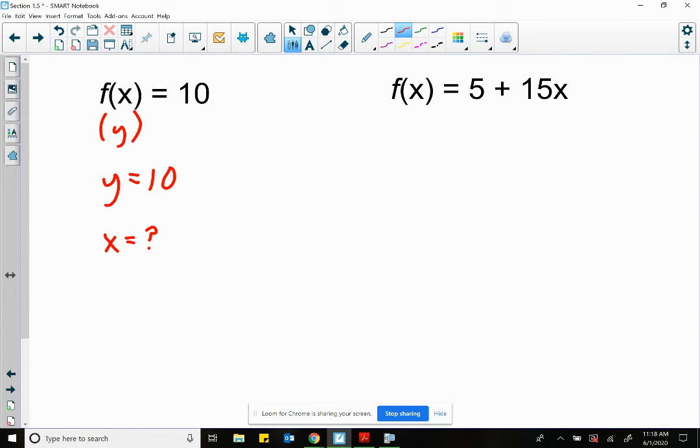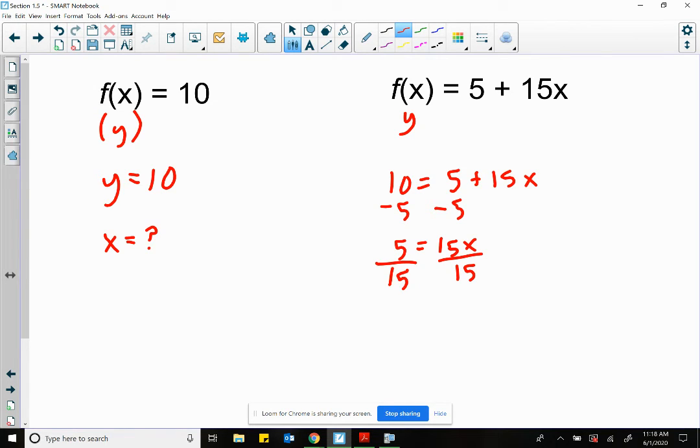So we're going to take the 10 and plug it in, because remember, this is where the y variable is. So we're going to say 10 equals 5 plus 15x. And now solve for x. So minus 5, so we get 5 equals 15x. Divide by 15, divide by 15.